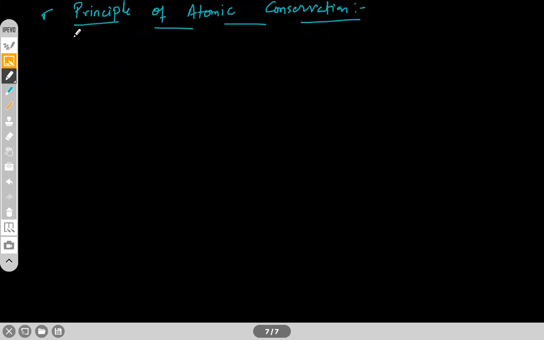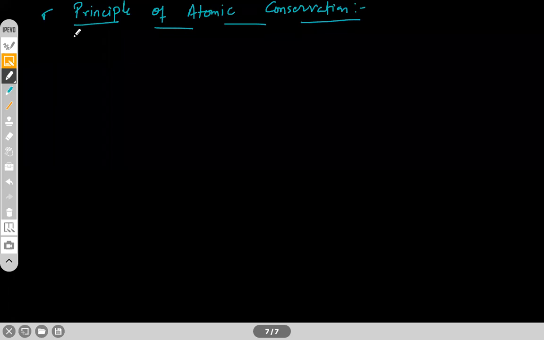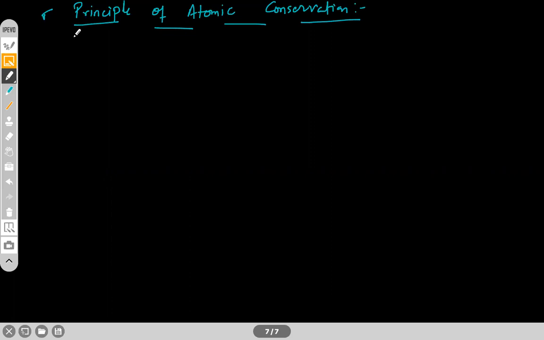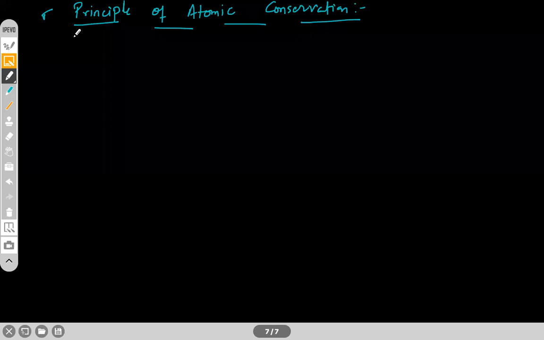We can write the principle of atomic conservation for calcium in this reaction, for carbon in this reaction, for oxygen in this reaction. It is not that the principle will apply for CaCO3, not possible. We apply this for atoms. That is what the name suggests. We conserve each and every atom in a chemical reaction.